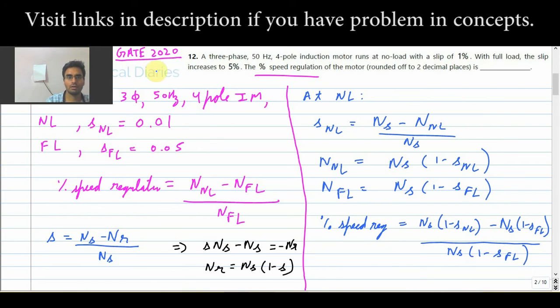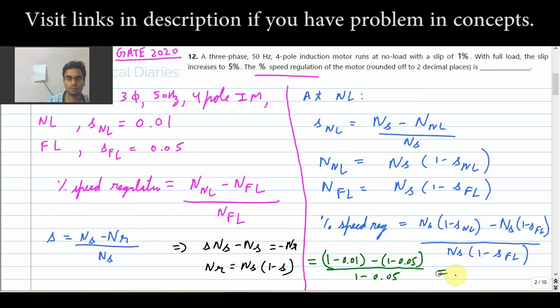So I will solve it. I will put the values. Ns will cancel, so it will be (1 minus 0.01) minus (1 minus 0.05) divided by (1 minus 0.05).